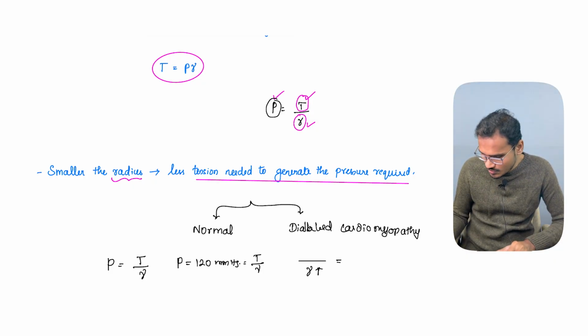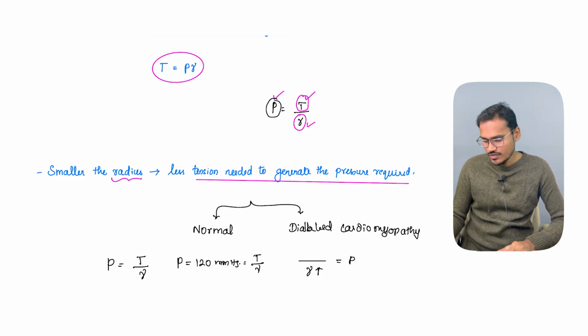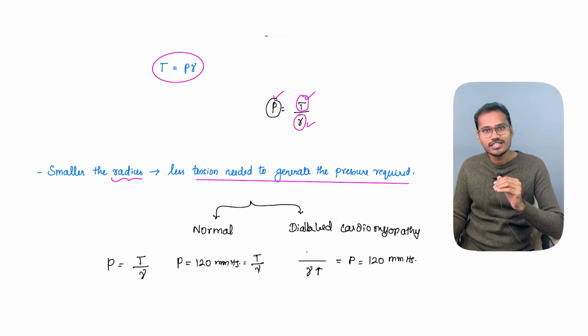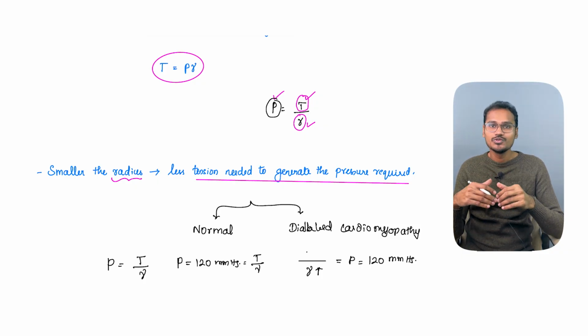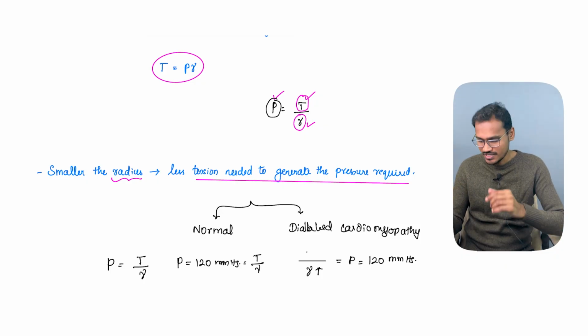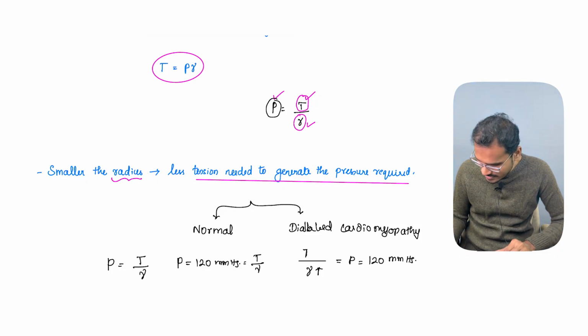Now if I want to generate the same 120 mm of Hg, what is happening is that since the radius has increased, the pressure has fallen. Pressure is inversely proportional to the radius. So what do I have to do to keep the same pressure? There is only one other way, that is we have to increase the tension also.